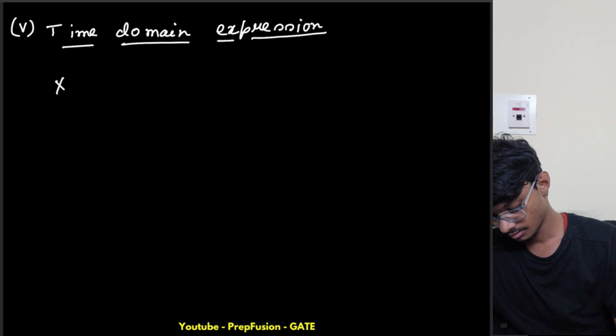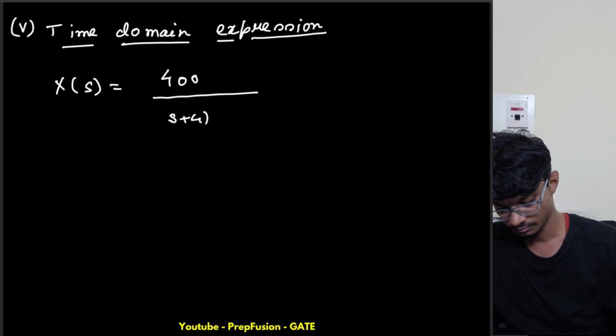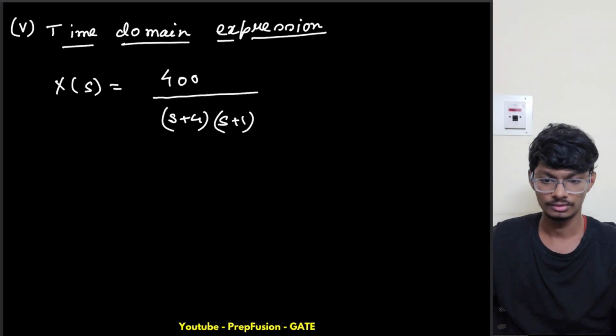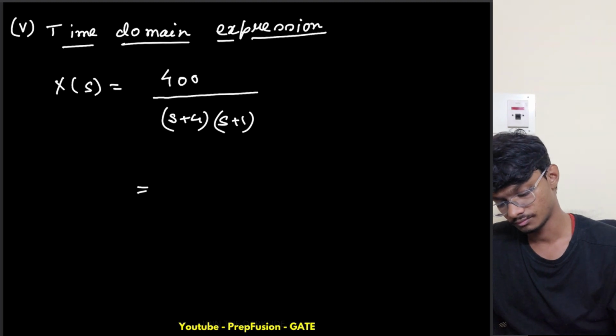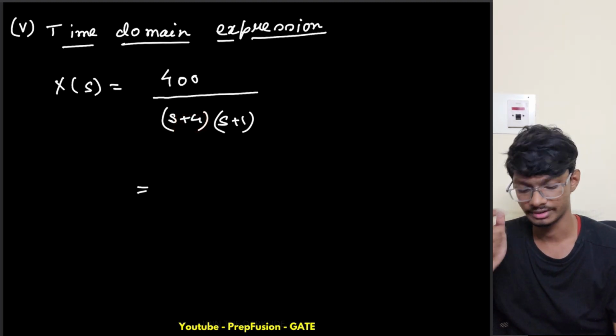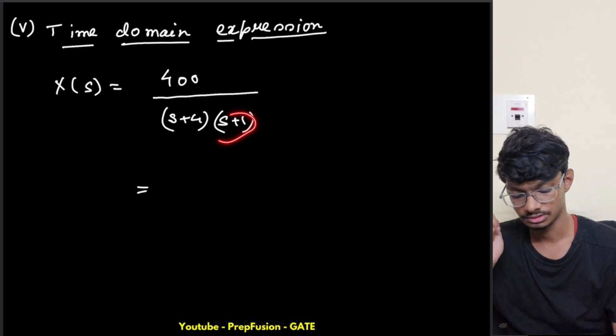So what we are given in the Laplace domain is 400 divided by s plus 4 into s plus 1. What we can do is simply use partial fractions. For this pole, put s equals to minus 4. This is minus 3 only.